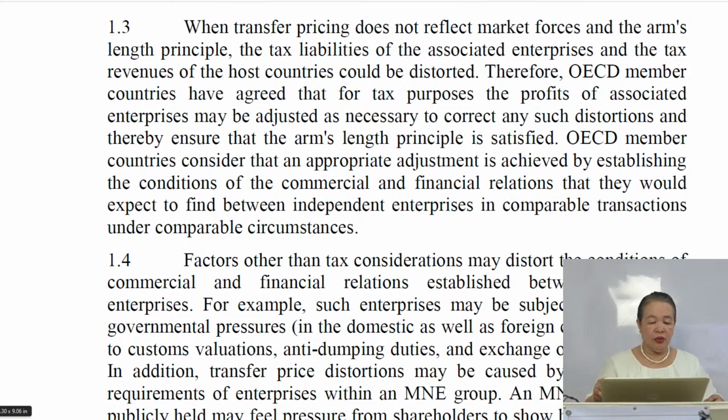These relate to customs valuation, anti-dumping duties, and exchange or price controls. Those are difficulties encountered by the enterprises.